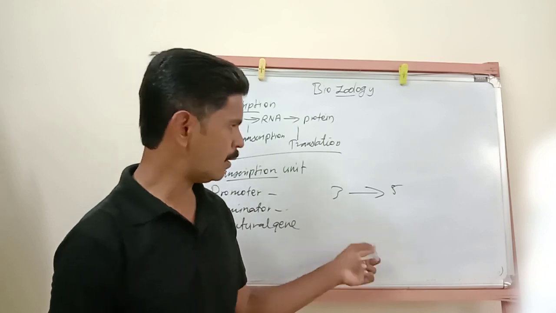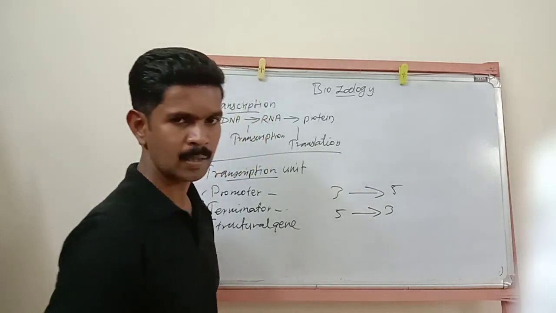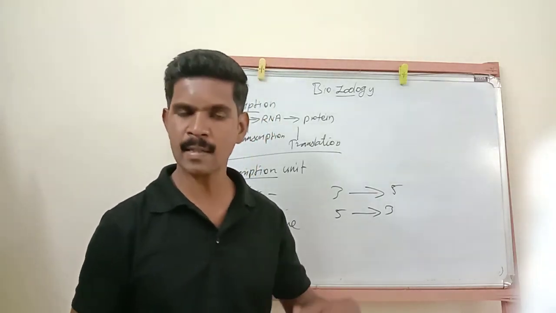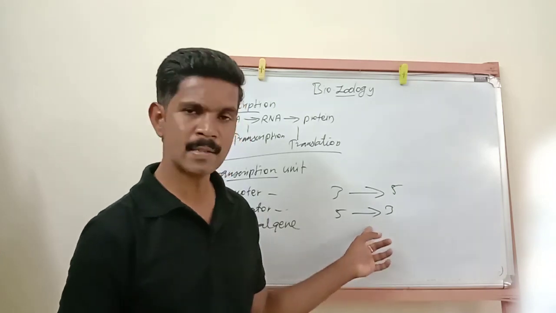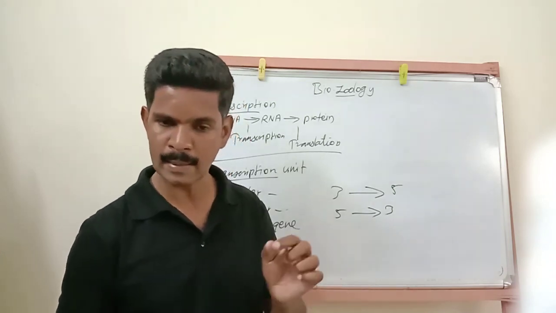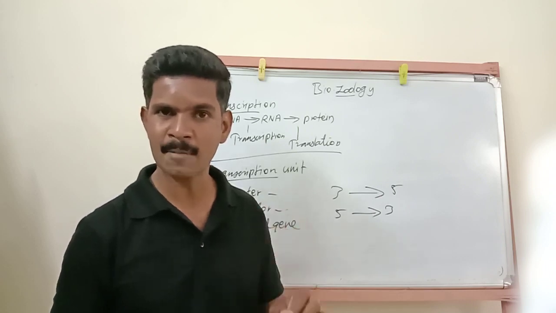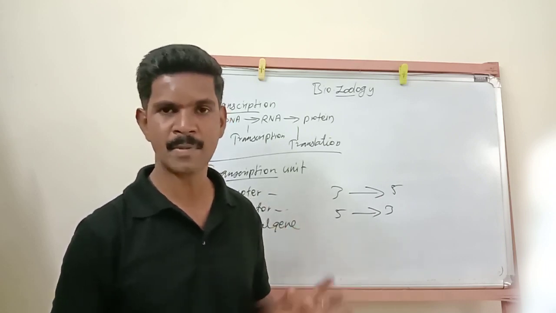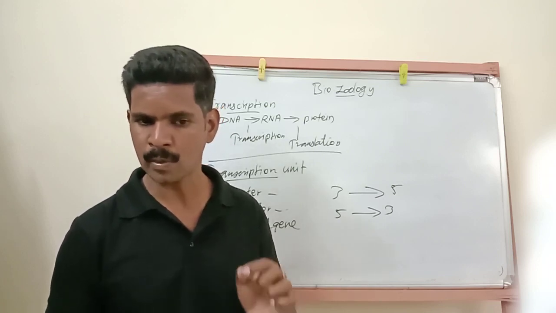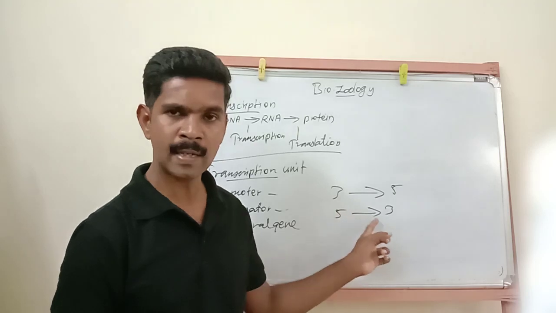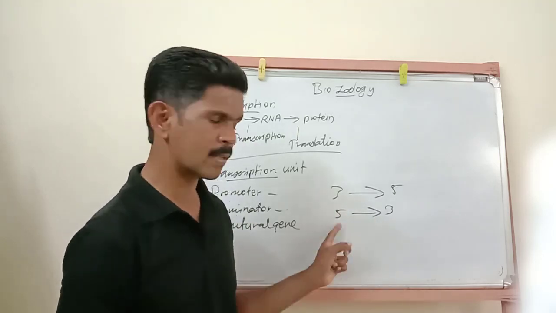Understand? Then the opposite strand, that means the 5' to 3' strand, is otherwise called the coding strand. In this coding strand, the strand is displaced during the transcription process.